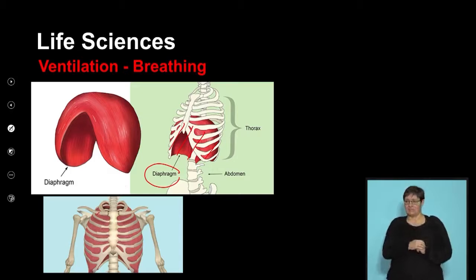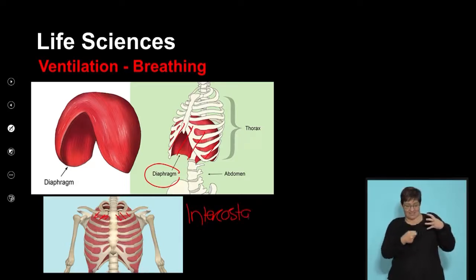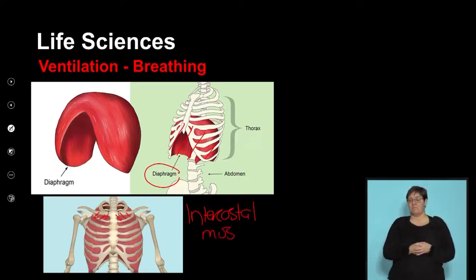In between each of the ribs, I have intercostal muscles. Remember, when we looked at the skeleton, intercostal muscles. Both of those are able to move, and them moving allows the breathing process to occur.